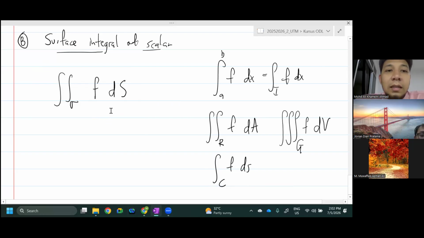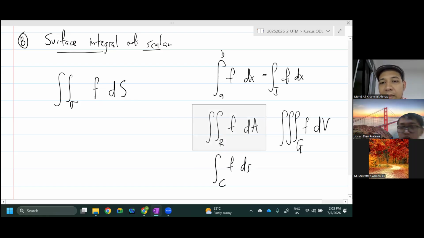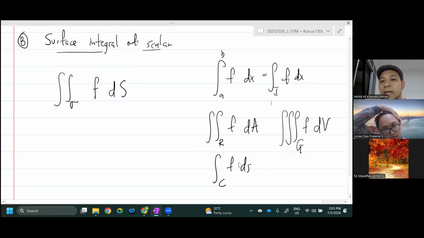Okay. So how to compute this thing? If you recall, when you have this double integral and you make the function equal to 1, then you have the area of R, right? Similar concept here. Everywhere, if you make the function equal to 1, you get a quantity that you can measure. If this equals 1, you compute a length. If this equals 1, you compute area. If this function equals 1, you compute volume.